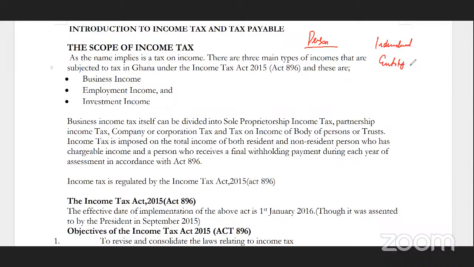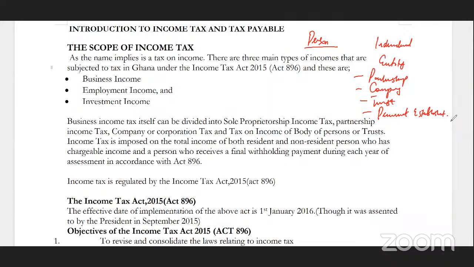An entity could be a partnership, a company, a trust, or an external company, which we now call a permanent establishment. So anytime you're doing tax and you hear person, these are the things we are talking about.